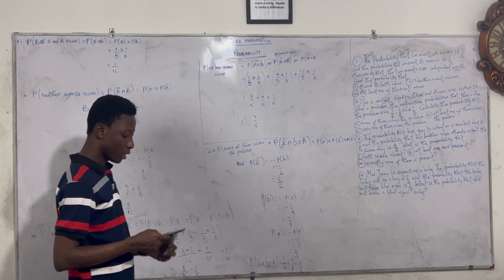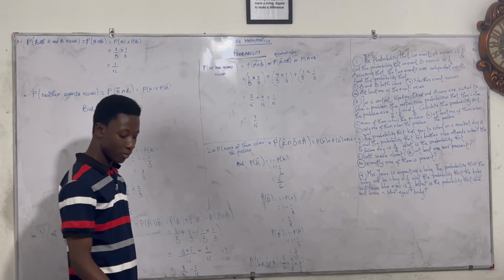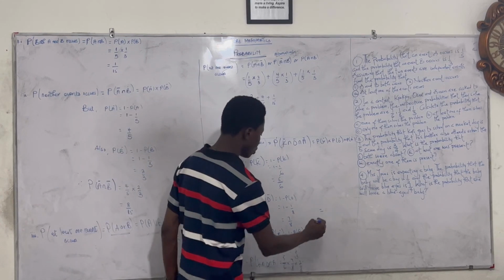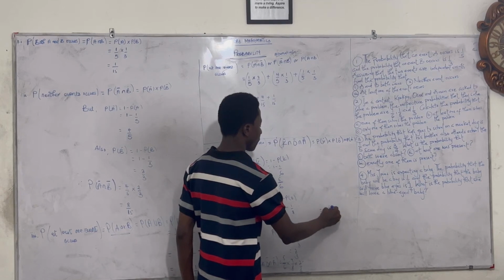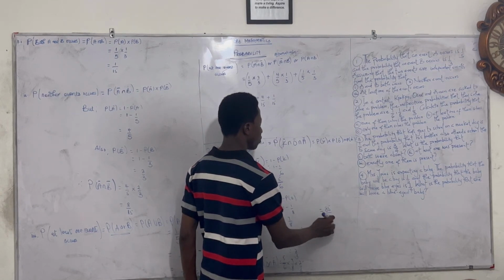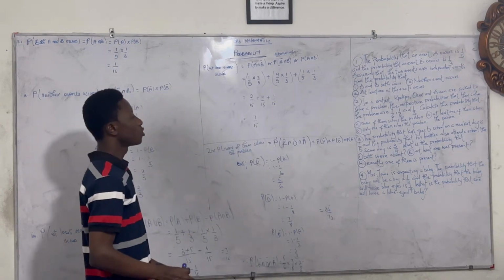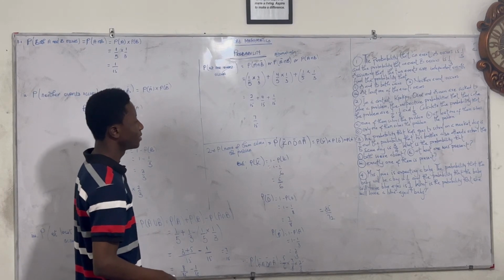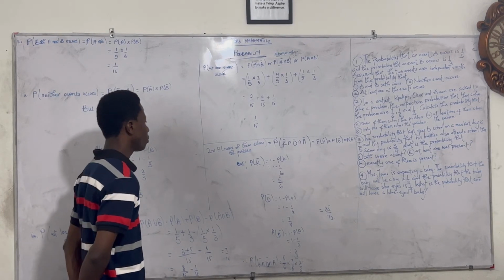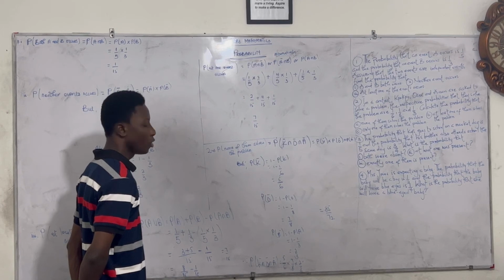So I took the calculator, I'm done. Those with the calculator, they couldn't even finish. 35 over 72. So there's the answer. So simple. You understand? Hello. I believe you understand it.